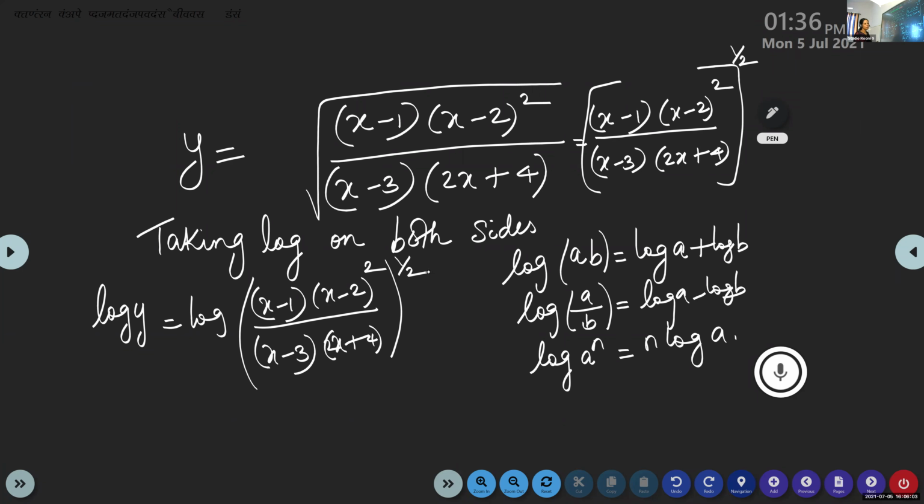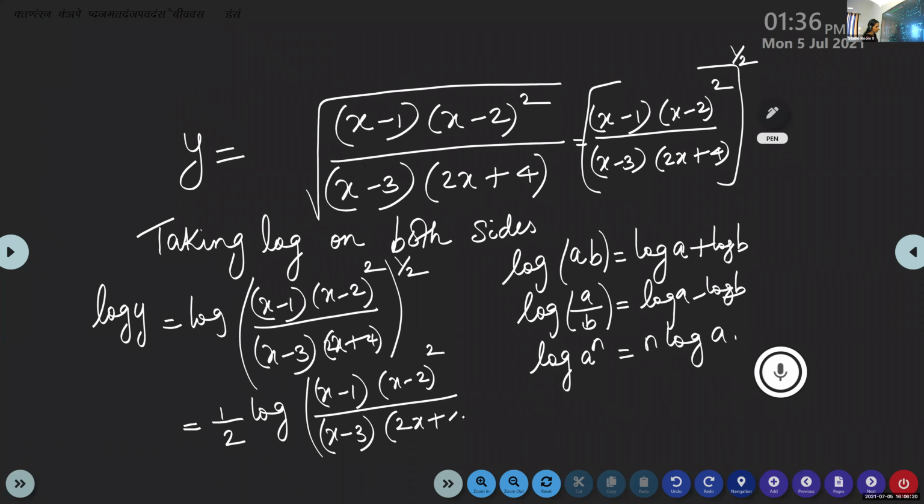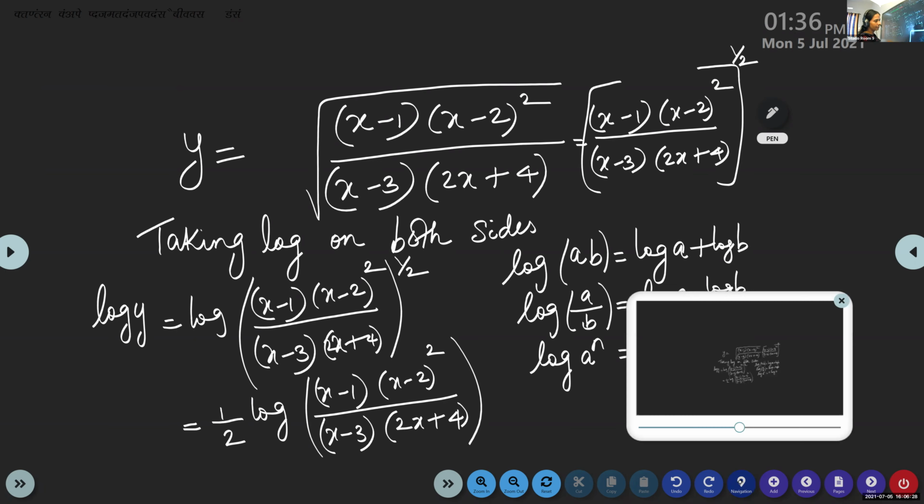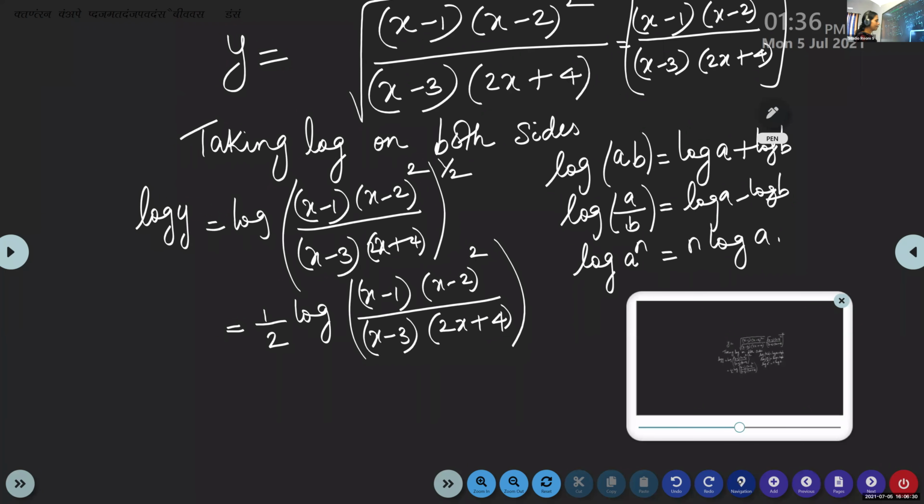Now listen, children. When we take log, we can take the power half to the front. We can write this as half log of (x minus 1)(x minus 2) the whole square by (x minus 3)(2x plus 4). Now listen, what is log of a by b? It is log a minus log b, isn't it?